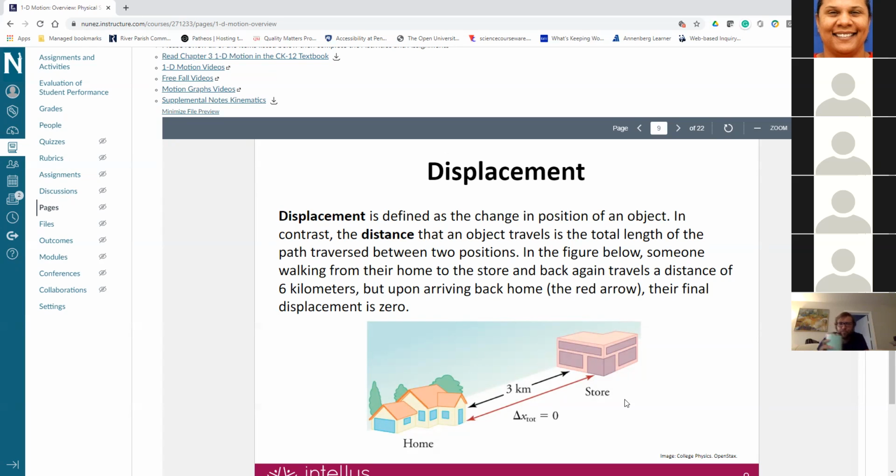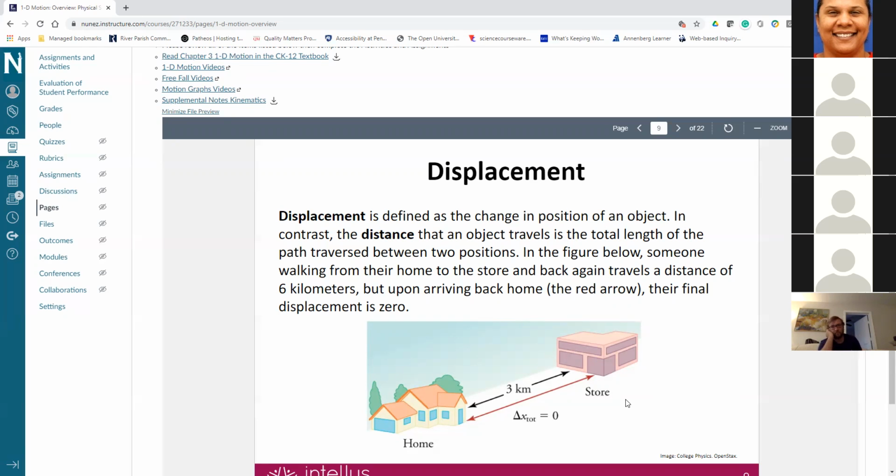So you see, if we're going to describe the motion of the individual that's going from home to the store and then back, we have to be very specific. Because if somebody said, describe that moving object, well, what do you want to know? Do you want to know how far they traveled, which is the distance? Or do you want to know how far they are relative to their starting point, displacement?